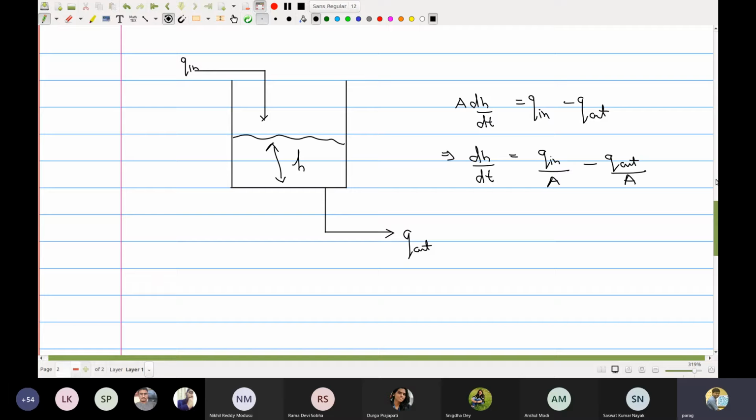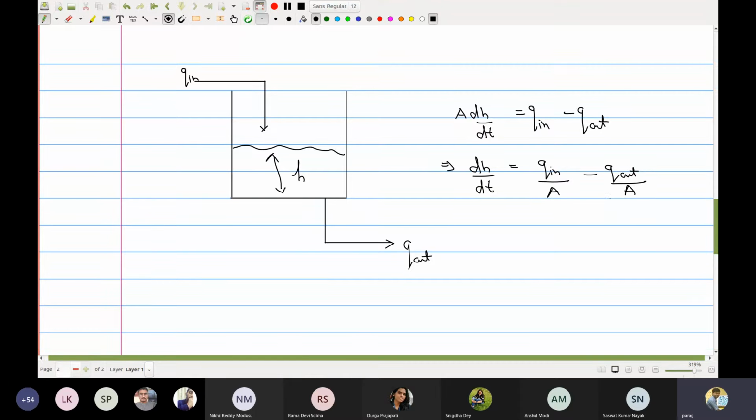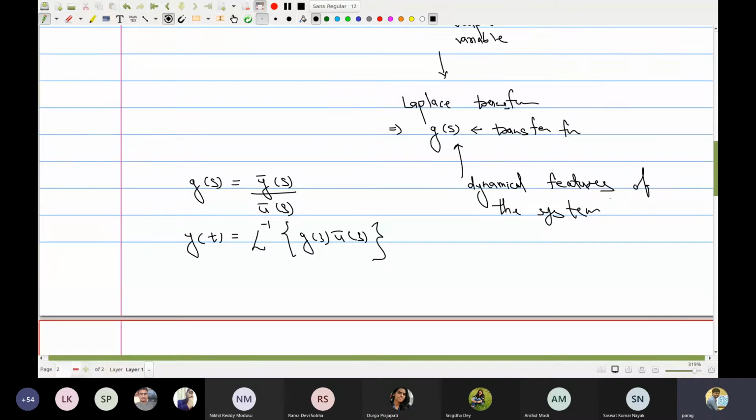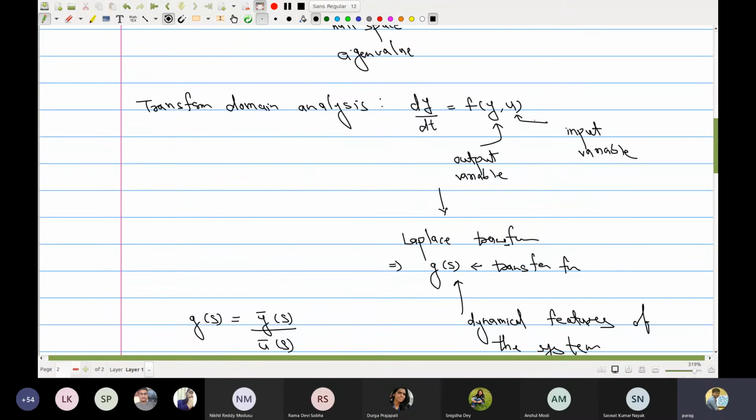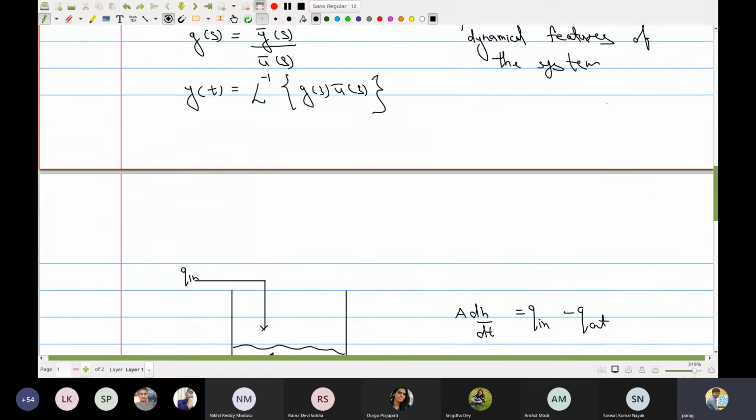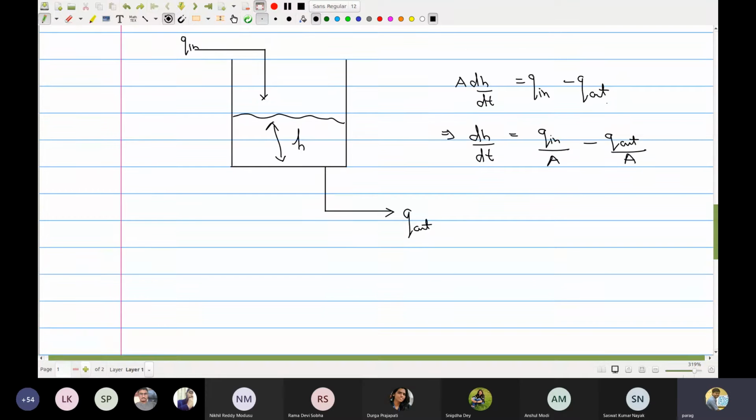Right. Now, if I have to do this analysis of change in liquid level in the tank, I can imagine this equation to be of the form which is written here. Right. So what would be my output variable? If I cause any disturbance to my system, the liquid level in the tank is going to change.